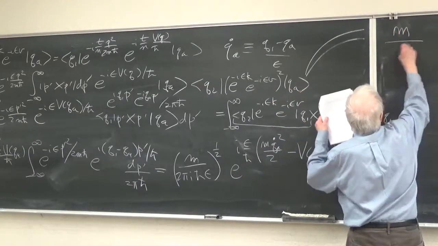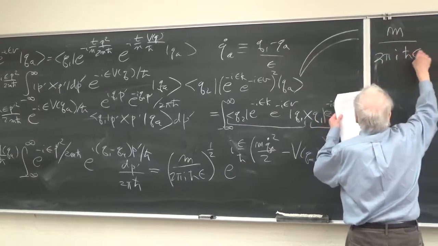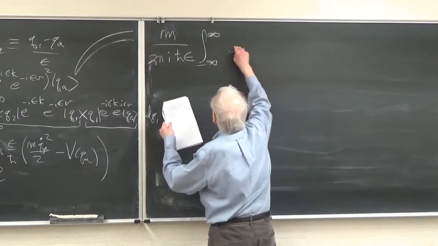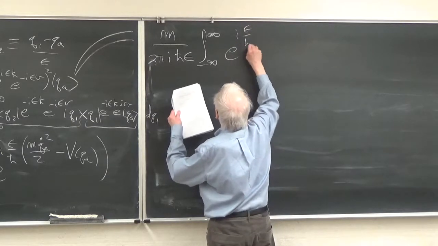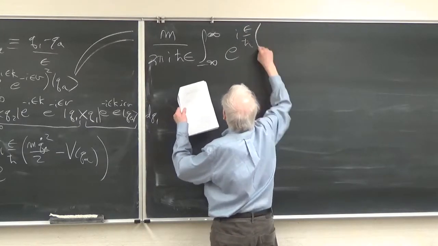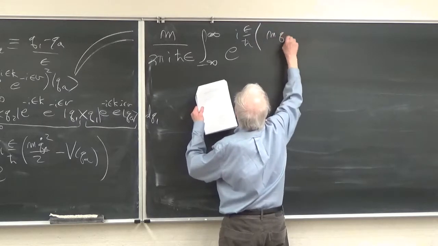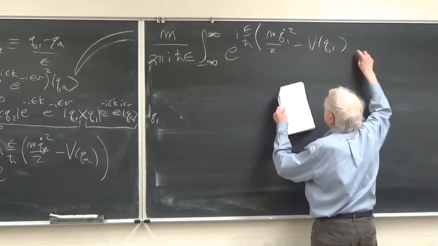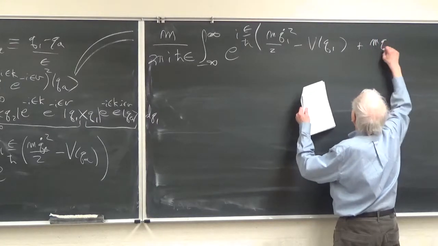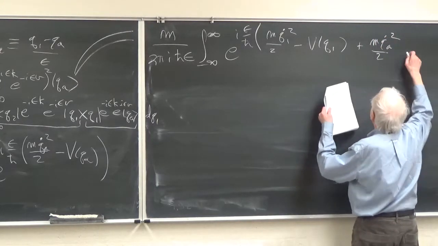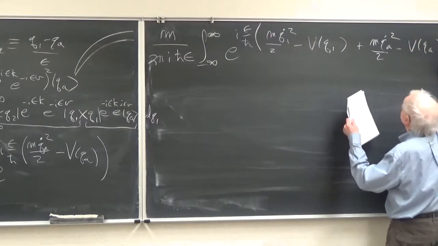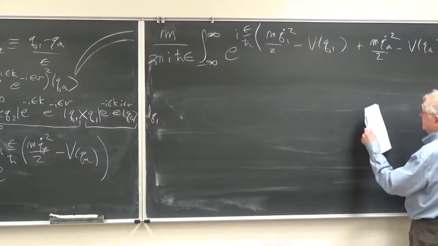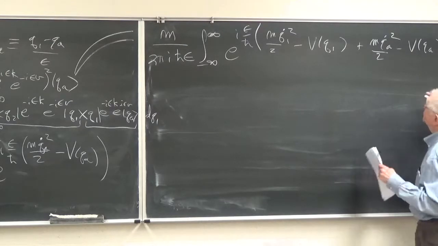It is then (m/2πiħε) times an integral from minus infinity to plus infinity of e^{iε/ħ} times [m q1-dot squared over 2 minus V of q1, plus m qa-dot squared over 2 minus V of qa], and all that is dq1.